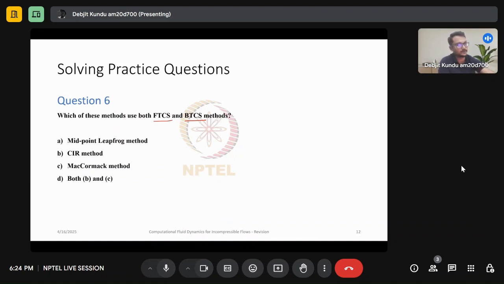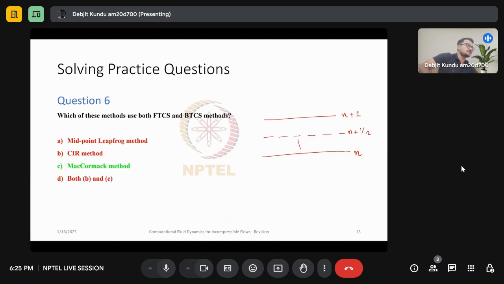Let's take a look at the solution. It's actually the McCormack method, which is a multi-step method. So in this, when you are going from, let's say, time level n to n plus 1, you usually use an intermediate time step as well, n plus half.